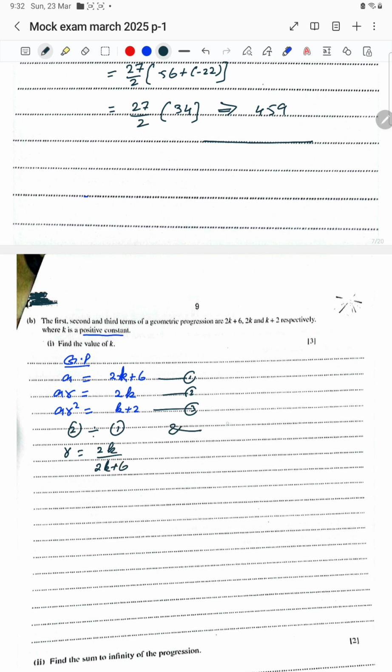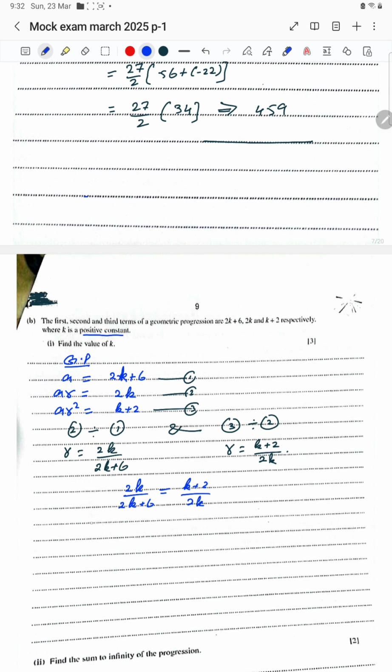And similarly we can divide term 3 by term 2, we get again r: k plus 2 over 2k. Now you can equate these two values of r, because for the same GP the common ratio will remain the same throughout the sequence.